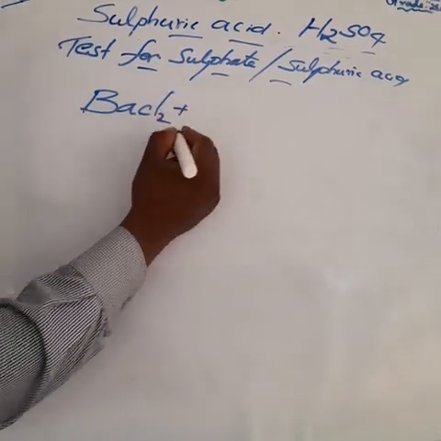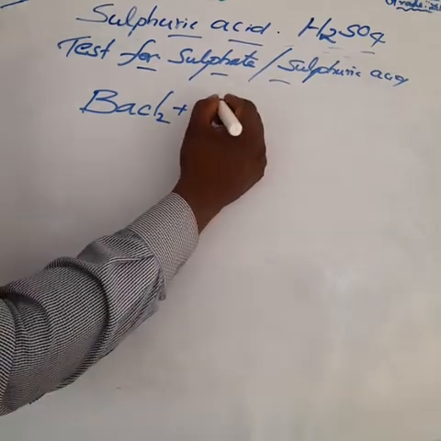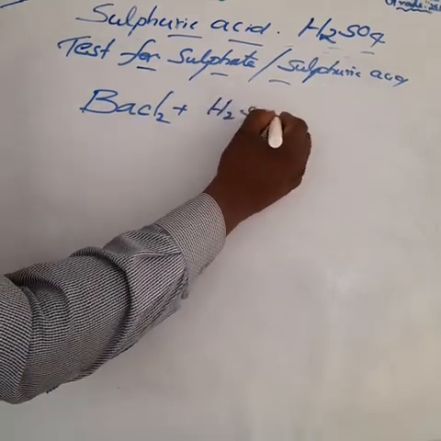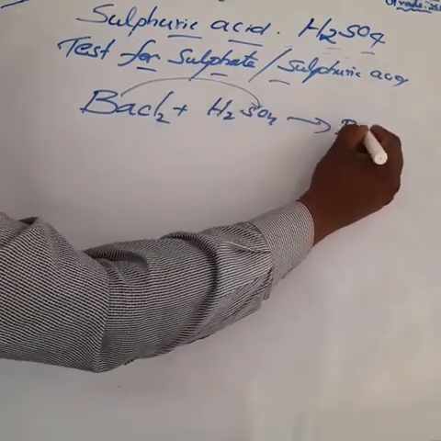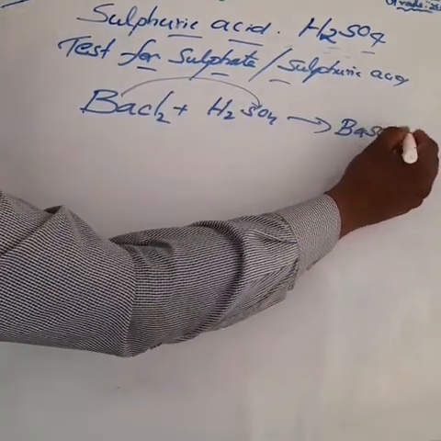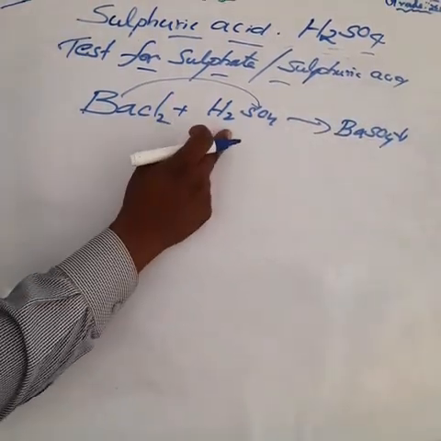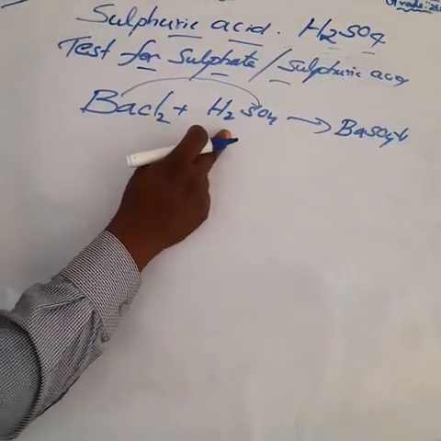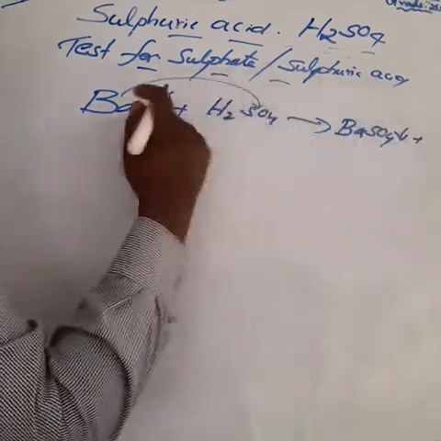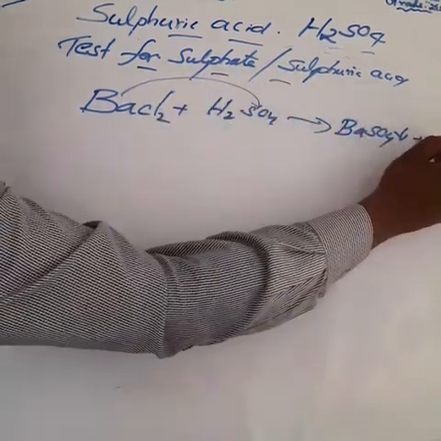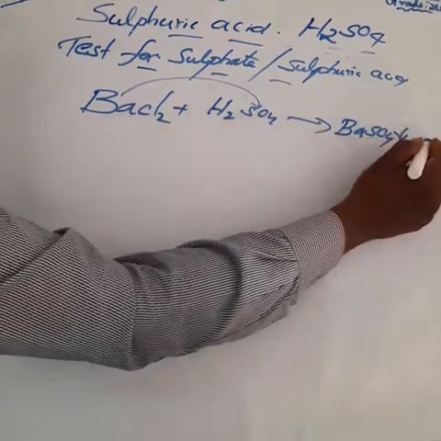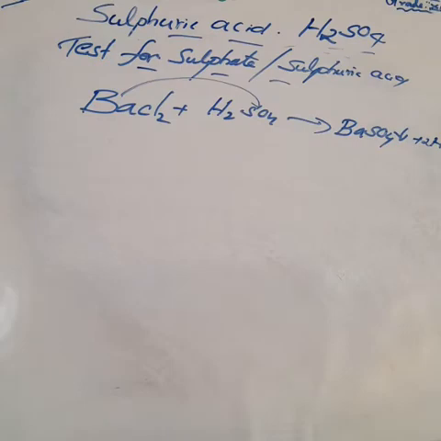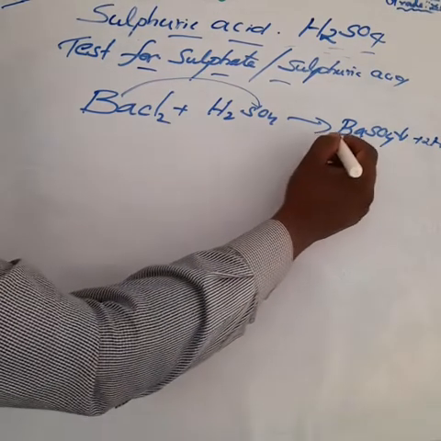When barium ions combine with the sulfate ions, barium sulfate is obtained. It is a white precipitate. Ba combines with SO4, we get barium sulfate, and the hydrogen combines with the chlorine to form HCl. We have to balance the equation. 2 chlorine, so make it 2. Now the equation is balanced. Very important question: test for sulfate radicals.